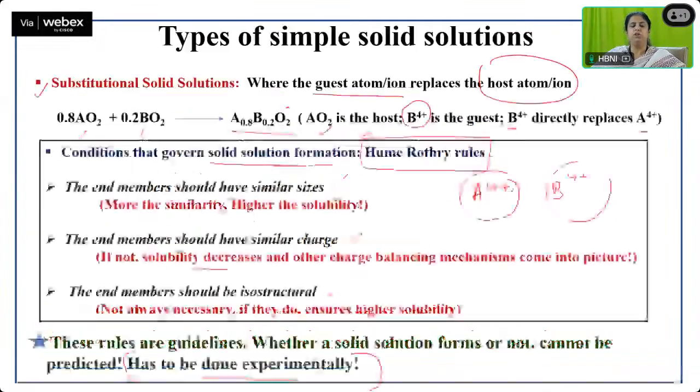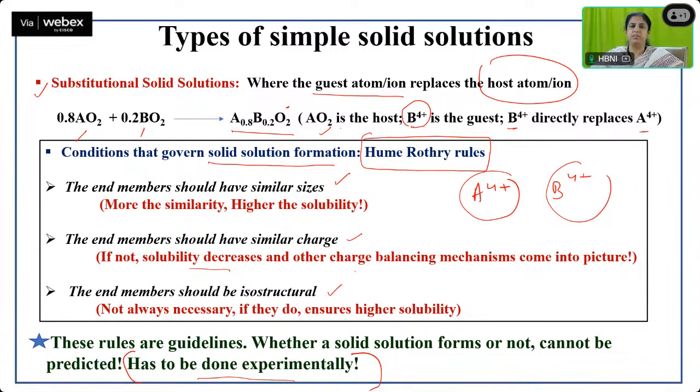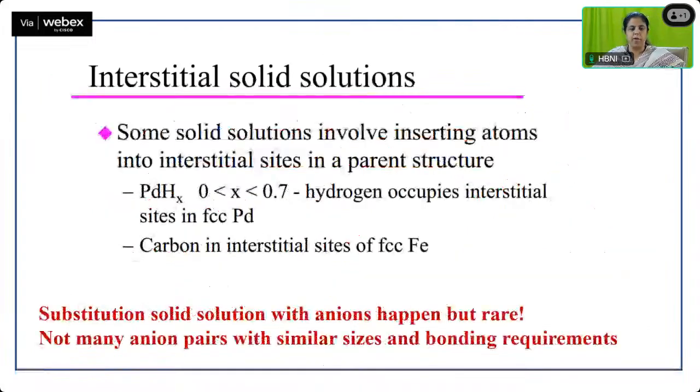That was substitutional solid solution, when your guest ion was simply replacing the host ion. Then there is another category of solid solution which we call interstitial solid solution. Here, your guest will go and occupy interstices in your host crystal structure. It will not replace your host atom or ion. It will simply sit in the interstices that are available in that particular crystal structure.